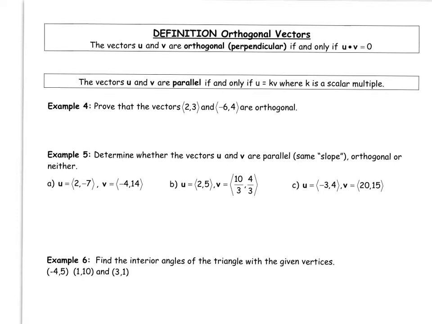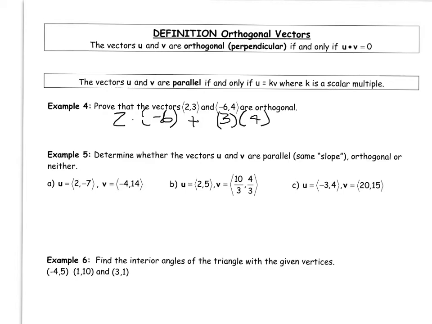So to prove that their dot product is equal to 0, I'm going to multiply 2 times negative 6, that's your A components, and add it to the product of the B components.